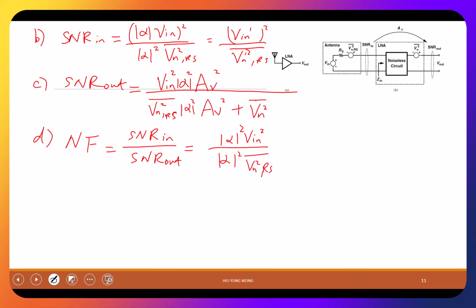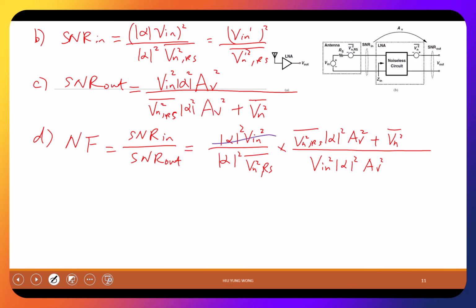Then divided by the output, so I put the numerator at the bottom: alpha square AV square, and multiply by Vn square Rs alpha square AV square plus Vn square bar.